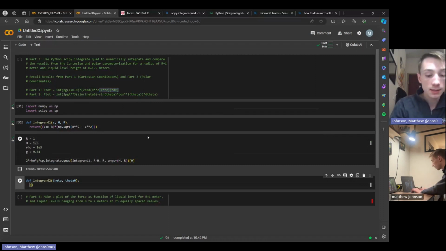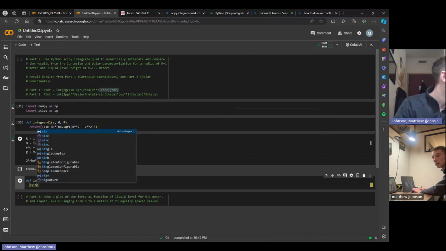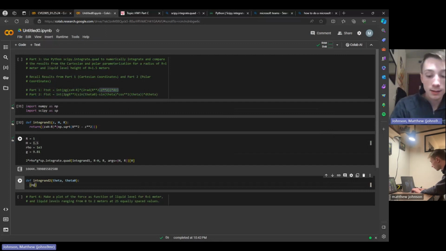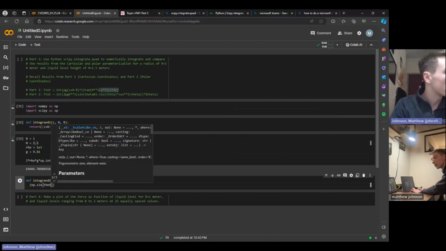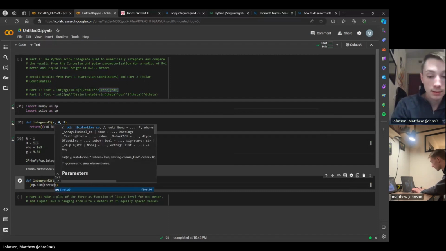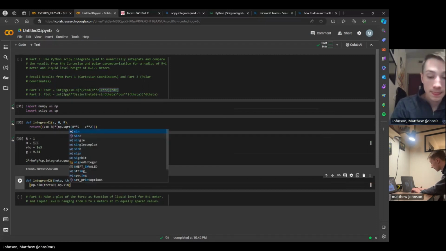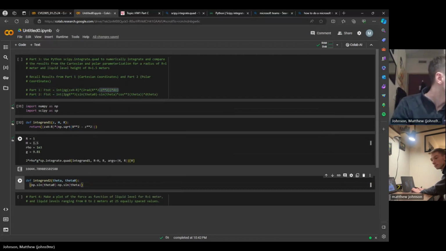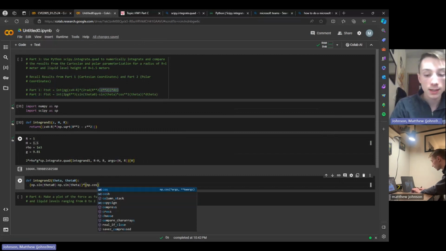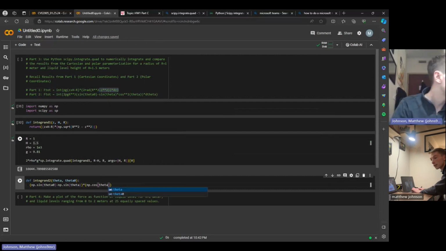So we've got a set of parentheses here, np.sin of theta naught minus np.sin of theta, times we have cosine squared, right? np.cos of theta, make sure this is squared.